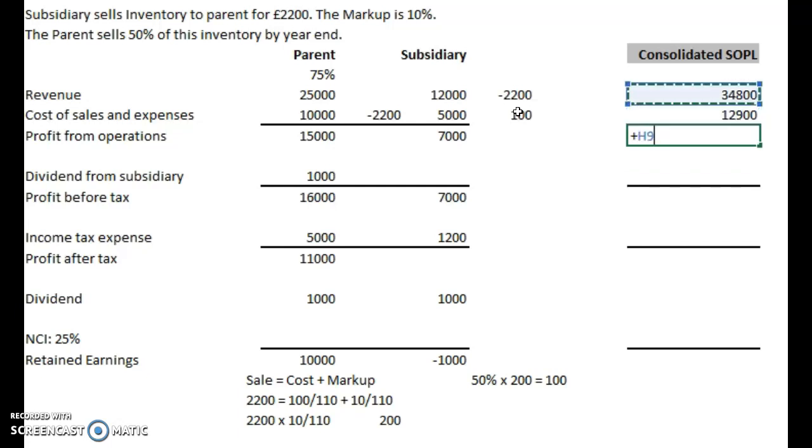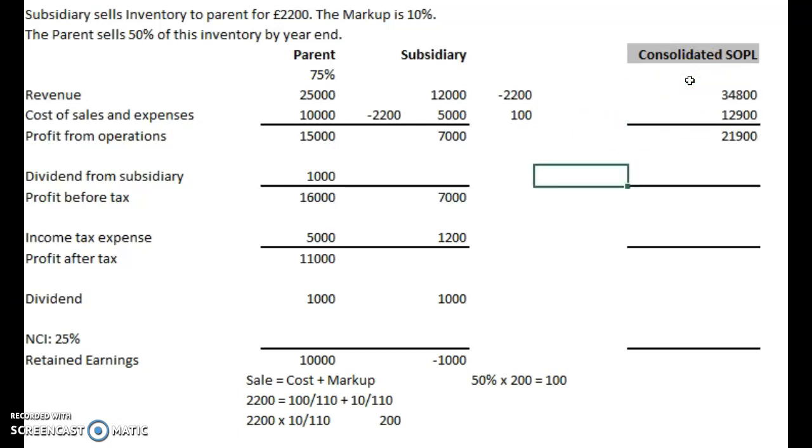That gives us a profit of 21,900. So it's the revenue minus the cost of sales, 21,900.